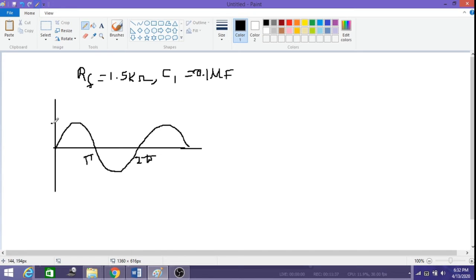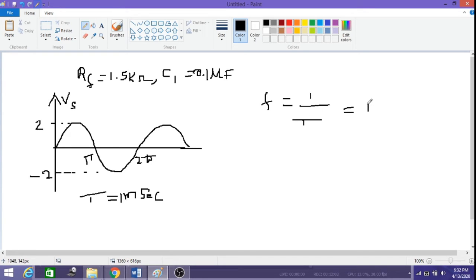And the peak voltage here is say 2 volts, and here the peak voltage is minus 2 volts. So this is our Vs. And the time period T is equal to 1 millisecond. So the frequency f we can derive from the time period: f is equal to 1 by T, which is 1 kilohertz, because the frequency is 1 over the fundamental period.